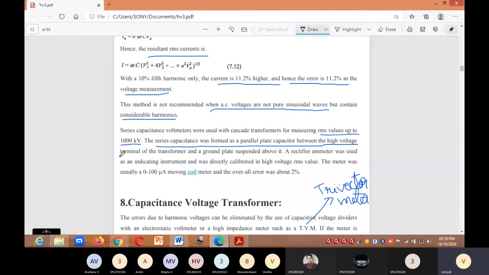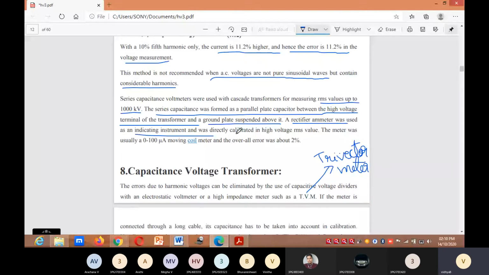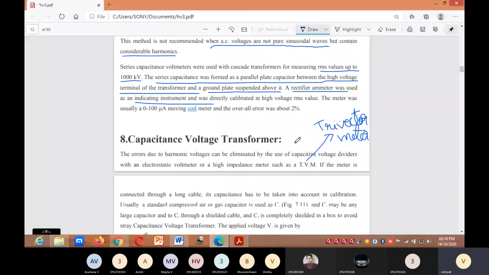A rectifier ammeter was used as an indicating instrument, and it is directly calibrated in high voltage RMS value. The meter was usually a 0 to 100 microamps moving coil meter, and the overall error was about 2%.